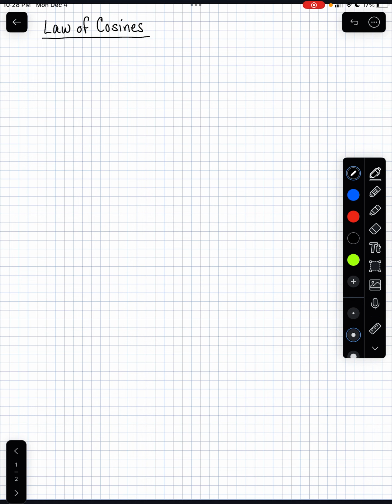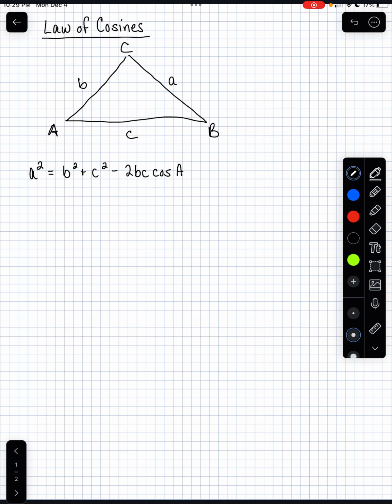So for a triangle that has angles A, B, and C and side lengths little a, little b, and little c, such that the angle and the side with the same letter are opposite each other in the triangle, the law of cosines says that the length of side a squared is equal to the length of side b squared plus the length of side c squared minus 2 times the length of b times the length of c times the cosine of angle A.